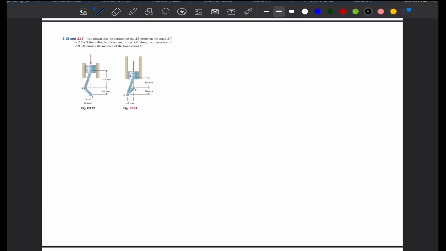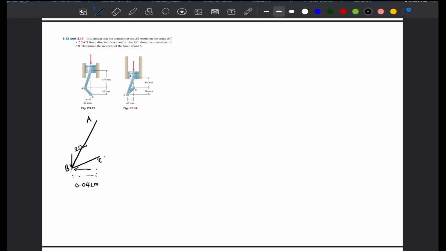So the same thing, we are going to draw our free body diagram, A, B, C. So now we're going to take this force acting here. We're going to draw our vertical and horizontal components. And let's look at the distances between them. That's 0.042 meter.